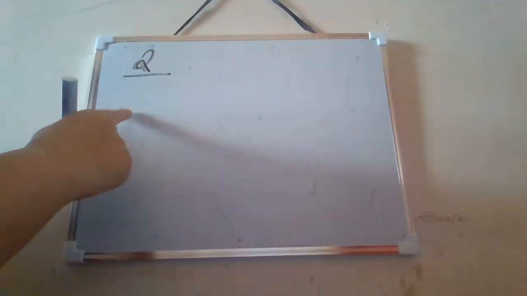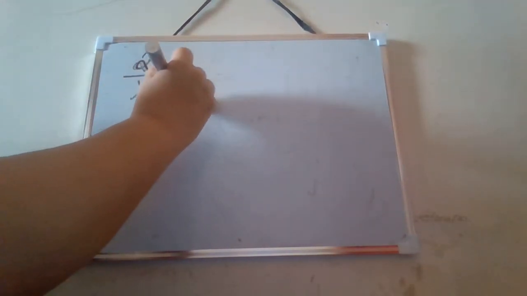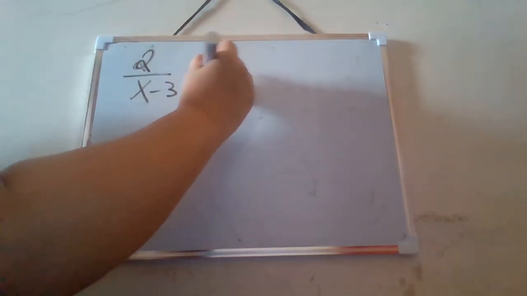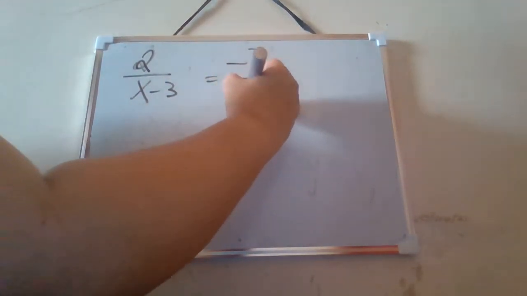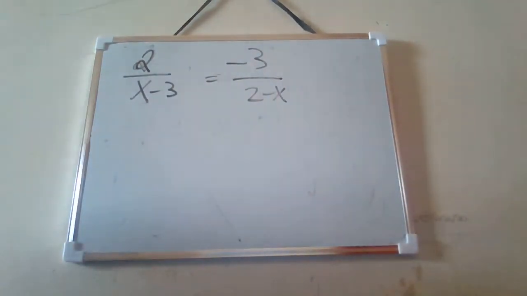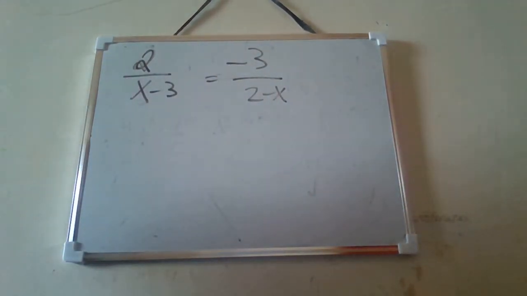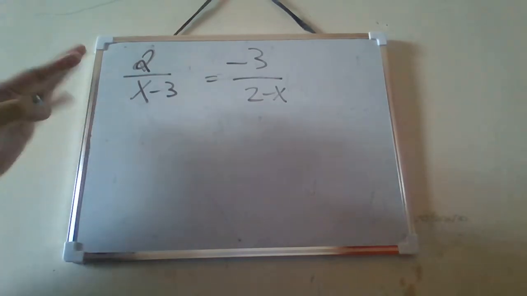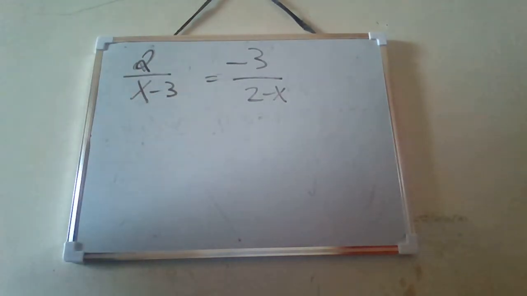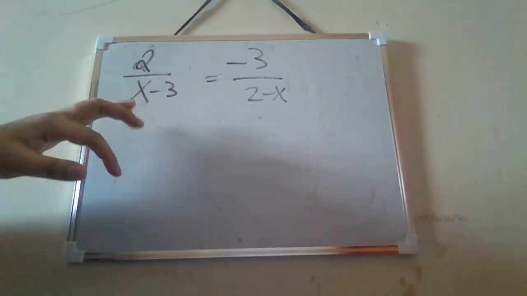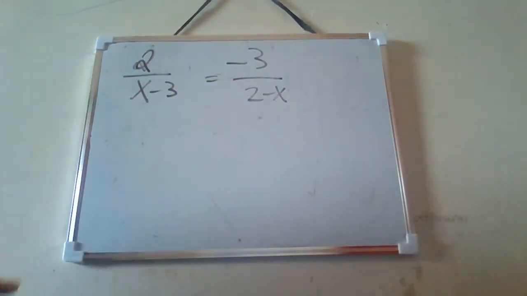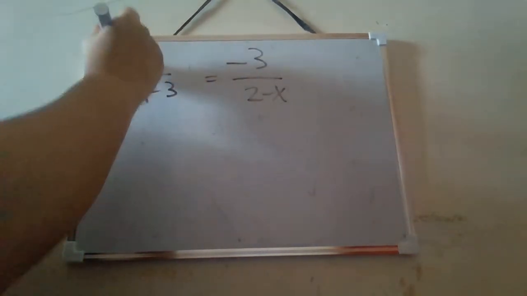So 2 over x minus 3 equals negative 3 over 2 minus x. So, ma'am, paano yan? Paano kapag ganyan yung denominator? Ganito gagawin natin. I-multiply natin both sides doon sa kanya-kanyang denominator. So ang mangyayari, dalawang beses mo siyang i-multiply.